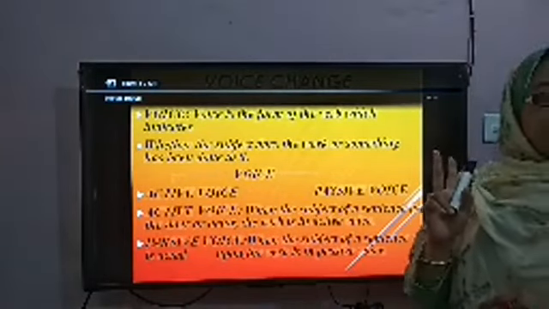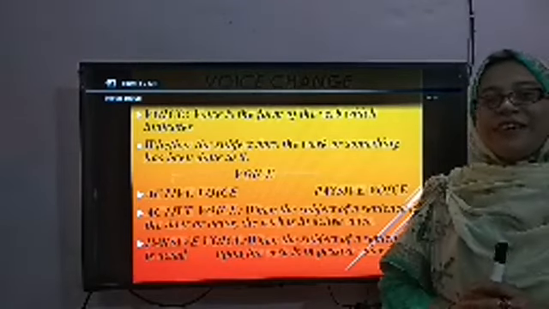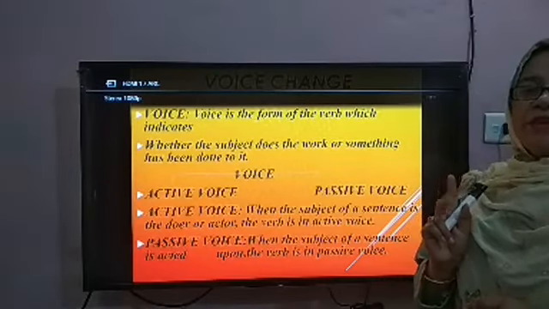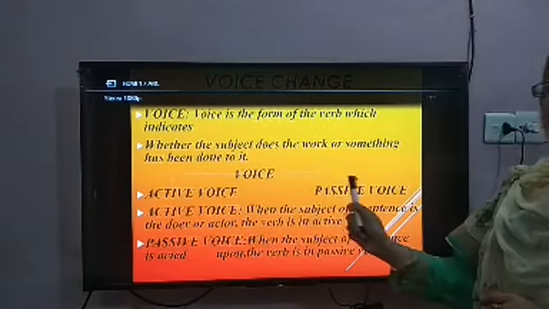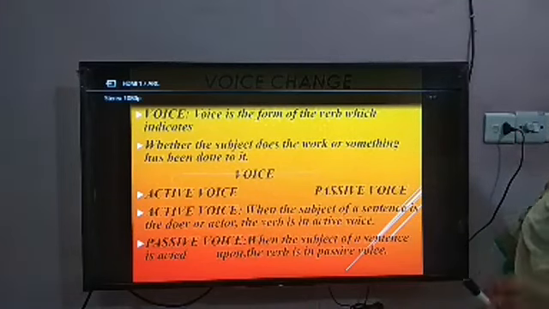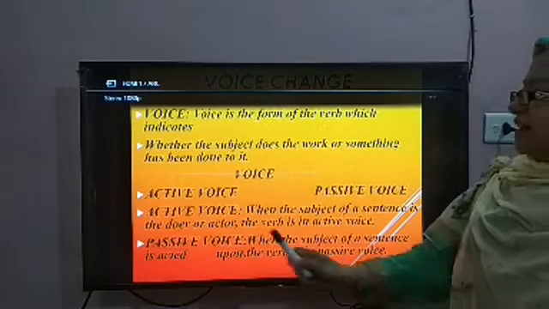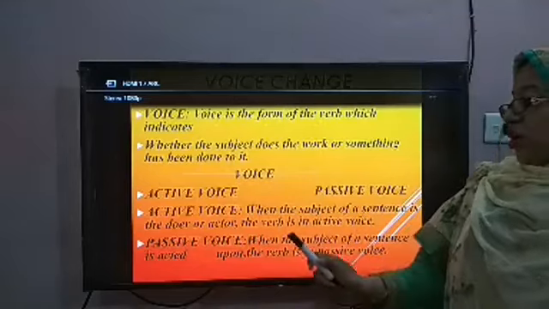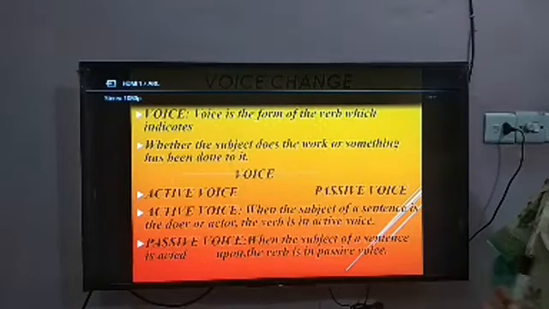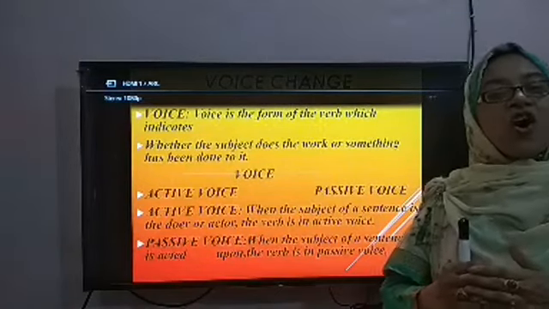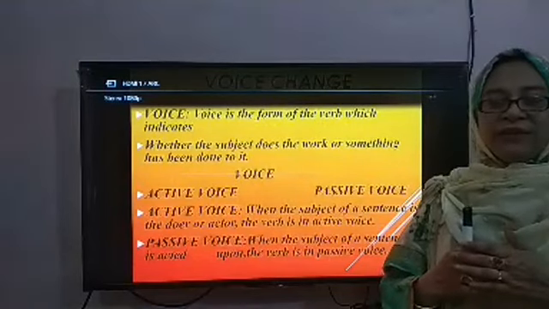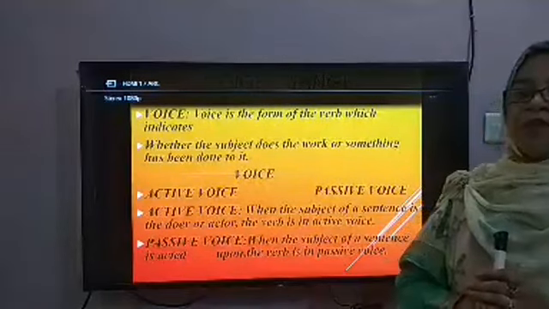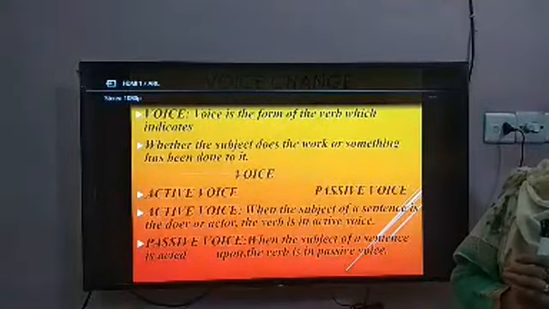There are two types of voice. Everybody knows this: active voice and passive voice. Look at here. What is active voice? When the subject of a sentence is the doer or actor, then the verb is in active voice.